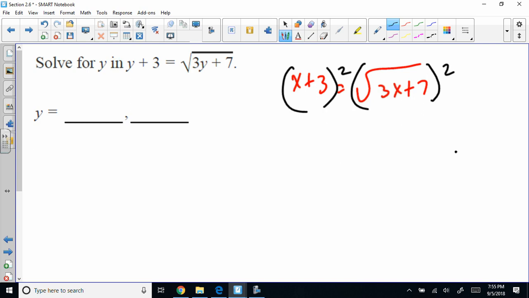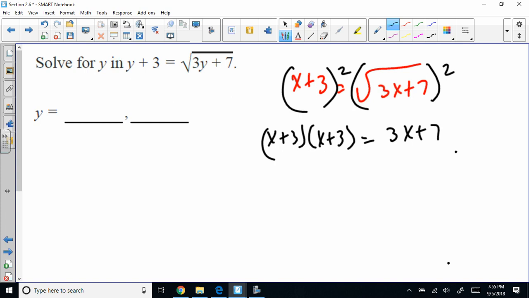When you have a trinomial whose factors are the same, it can be rewritten as a binomial squared. That's called a perfect square trinomial. So that's really x plus 3 and x plus 3, equals 3x plus 7. And guess what you're going to get?